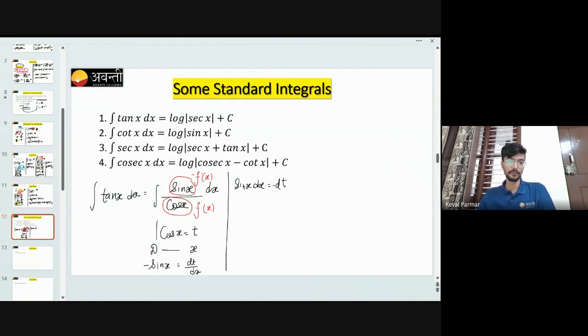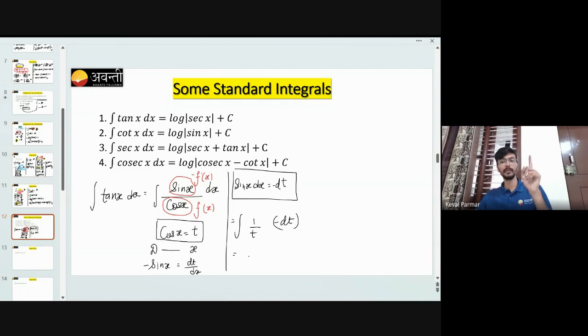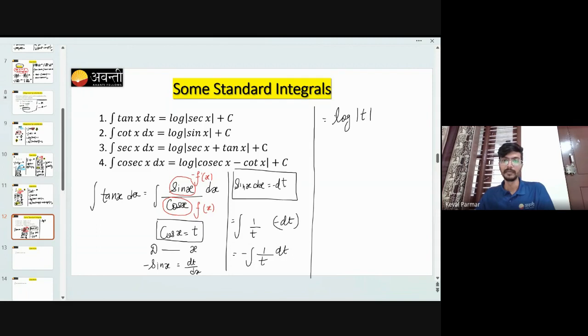So if I substitute these both in my question, what will I get? I will get integration of minus dt into 1 upon t. Now minus is a constant. So according to rule number 1, I can write minus integration of 1 upon t dt. And what is the integration of 1 upon t? It is very simple. It is log t, but with a minus because we had minus, plus c.